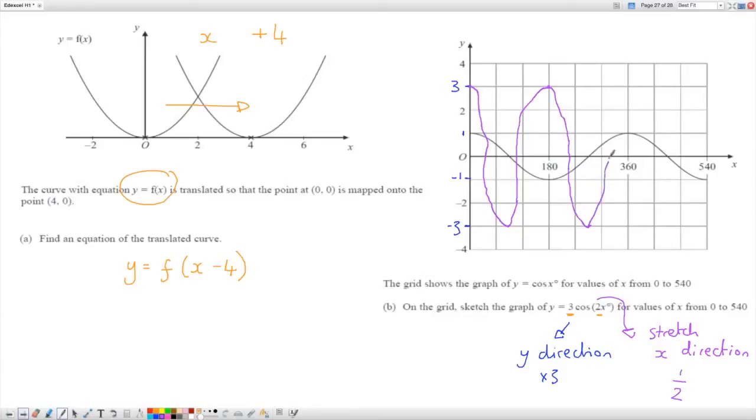Up here to 360, down here, and then back up all the way up here before you get to 540. So in this question, you need to take account of both effects of the 3 here and the 2 here.